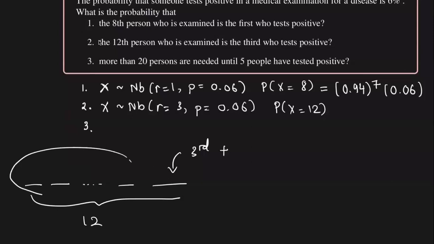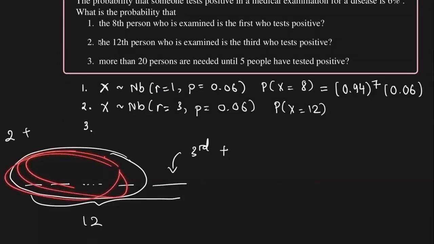What does it tell us? It tells us that in the first 11 people, there have to be 2 people tested positive already. If there are no 2 people tested positive here, then this one cannot be the third positive. So in order for this to be the third positive, exactly 2 people in the first 11 must test positive. If exactly 2 tested positive, and we have 11 people in total, that means we have 9 negative.